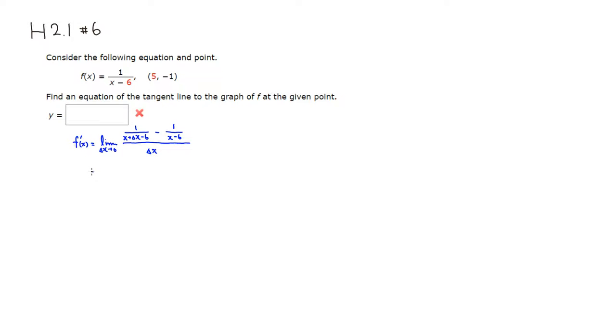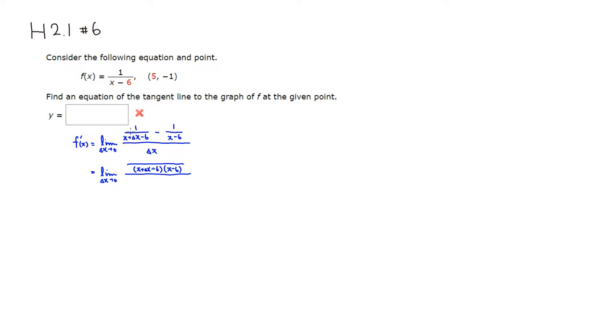Then we're going to find the common denominator, as delta x approaches 0. The common denominator would be just a product of the denominators. So you have x plus delta x minus 6 times quantity x minus 6.